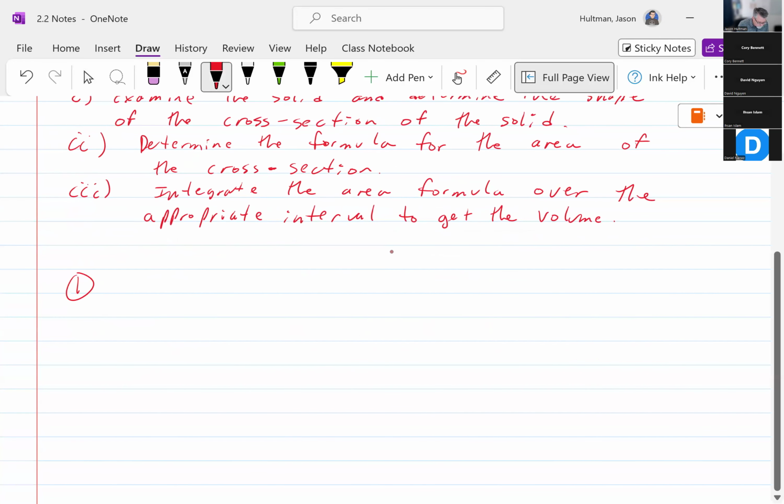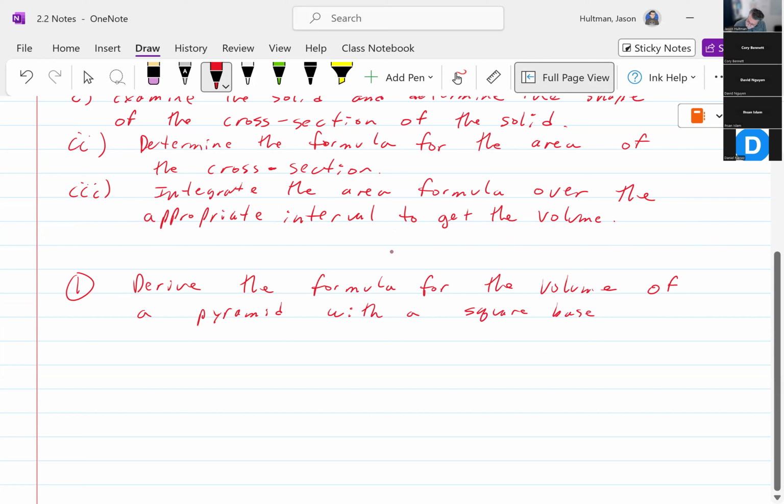Okay, number one, derive the formula for the volume of a pyramid with a square base using integration.